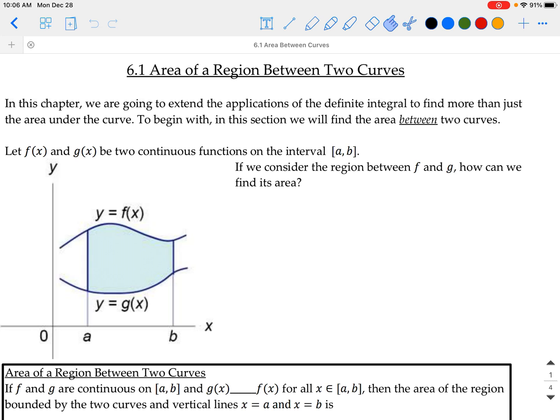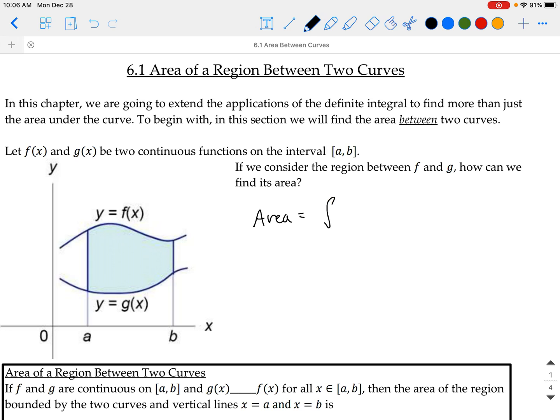So in this chapter, we're going to extend the applications of definite integrals, which is essentially to start with, if we have two functions, we can find the area between them. So if f and g are two continuous functions, the way we would find the area is going to be to subtract the two areas themselves.